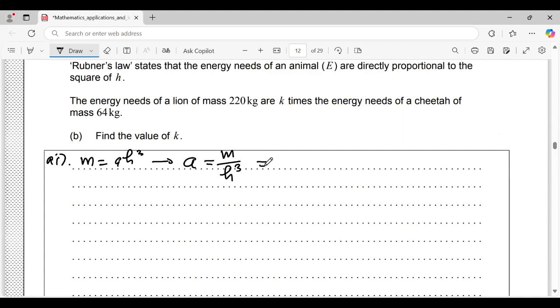So if mass is 64 and h is 0.8, we can determine a is 125. So it means m equals 125 h cubed. This is the equation.